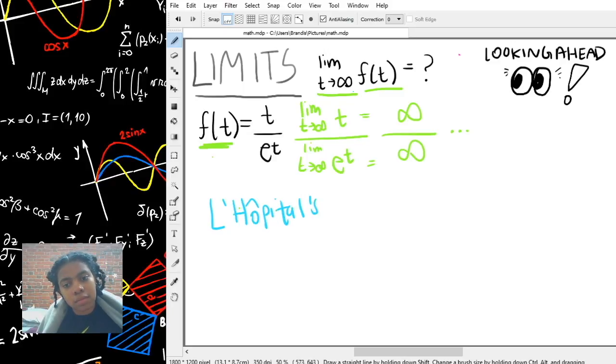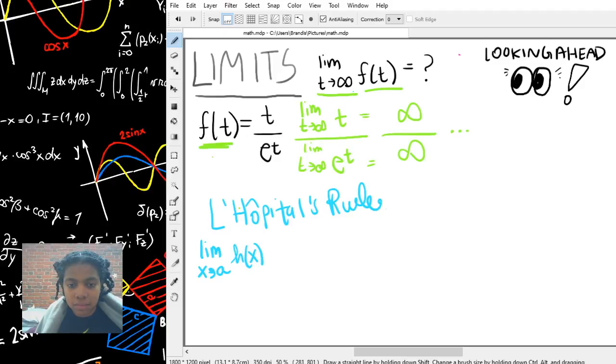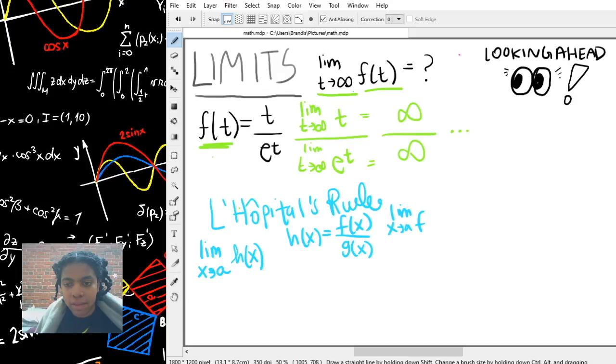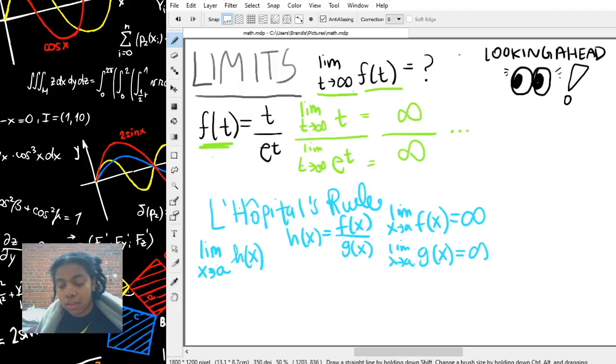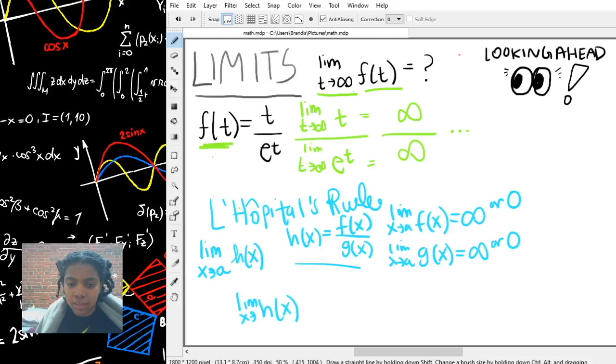It basically says that if you're computing the limit as x goes to some a of h of x, where h of x equals f of x over g of x, and the limit as x goes to a of f of x equals infinity, and the limit as x goes to a of g of x equals infinity or 0, then the limit as x goes to a of h of x is just the limit as x goes to a of the derivative of f of x over the derivative of g of x.